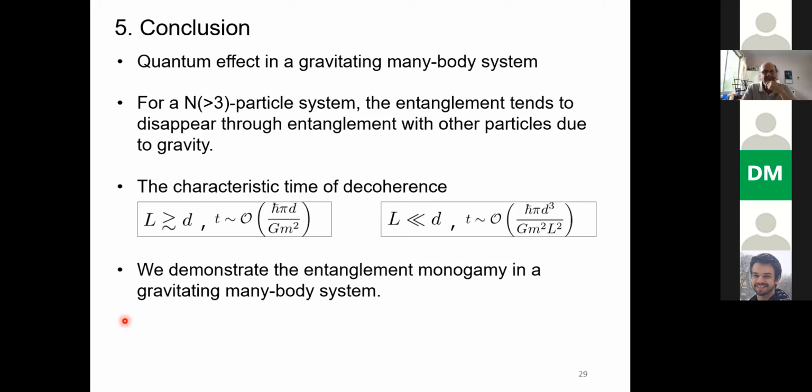So I probably just missed this, but can I just confirm? When you show the particles, they are sitting in simple harmonic wells, are they?